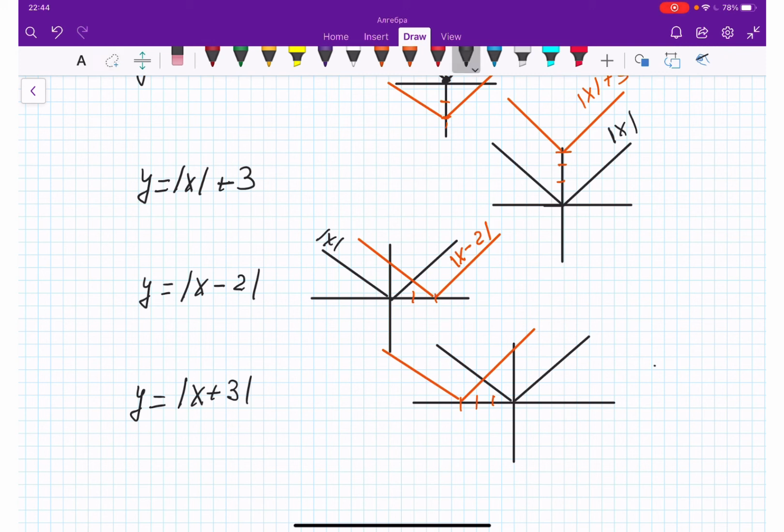So here we have absolute value of x, and here we have absolute value of x plus 3. Okay? Let me clean this a little bit, there we go, much better. And this one I will also rewrite.